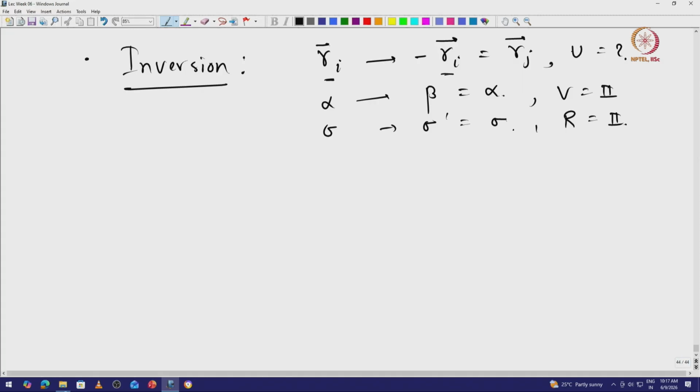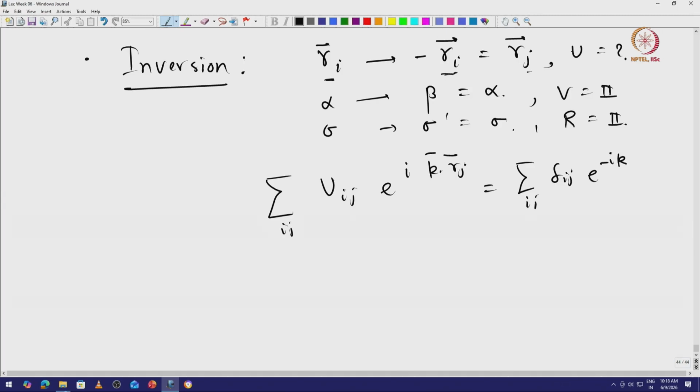So, under inversion then, Rj just goes to minus Ri, right, or let me do it step by step.